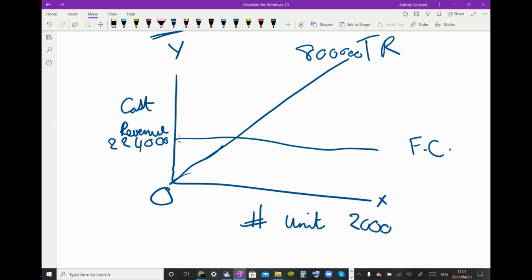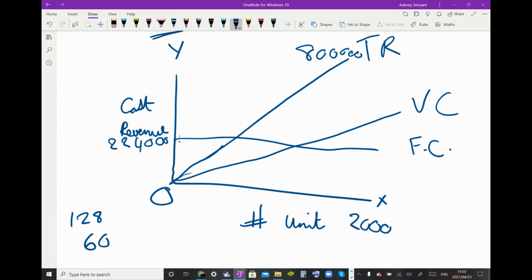Variable cost, remember, is much like the total revenue line. If we produce units, then obviously we're going to incur a cost. Now, our variable cost is obviously less than our selling price. So our line might be something like this, and this is your variable cost. For every unit, remember, using opportunity one, we said 60 plus 128 plus the 20.